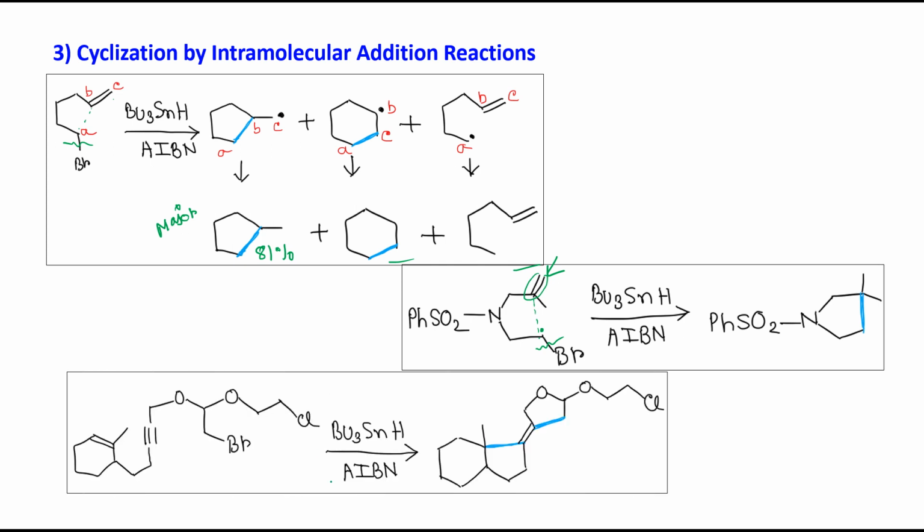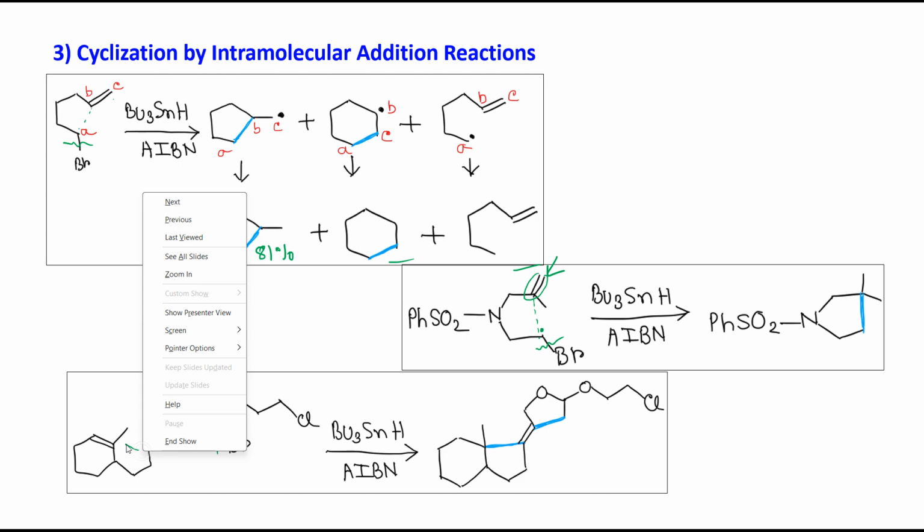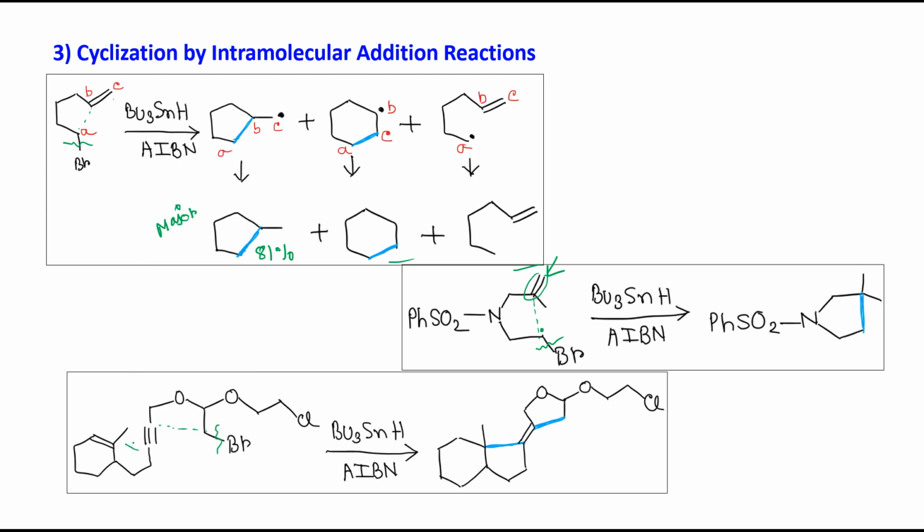Now this is very interesting because here the radical will be generated first in this position, obviously once this C-Br bond is broken. Now this will connect to this point, and when it connects to this point, the next radical will be generated here. Finally it will attack this position, so we are getting another 5-member ring.